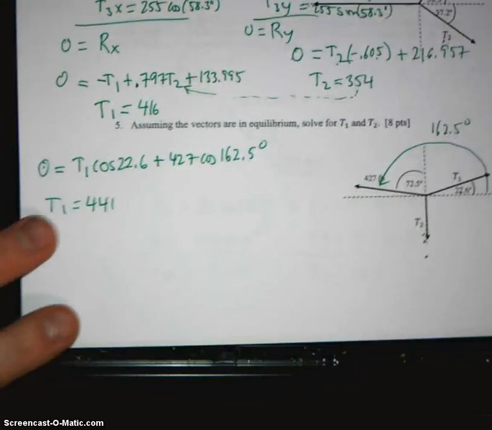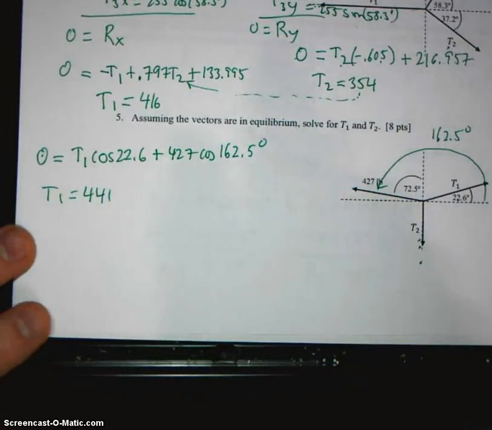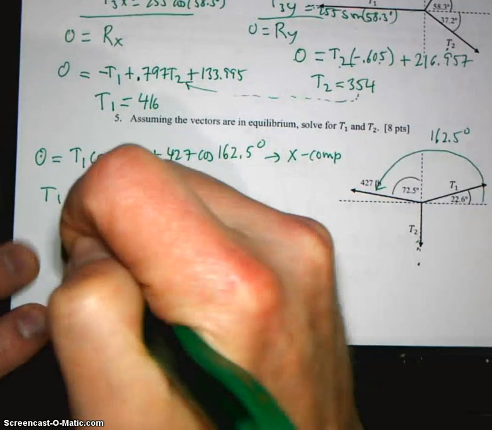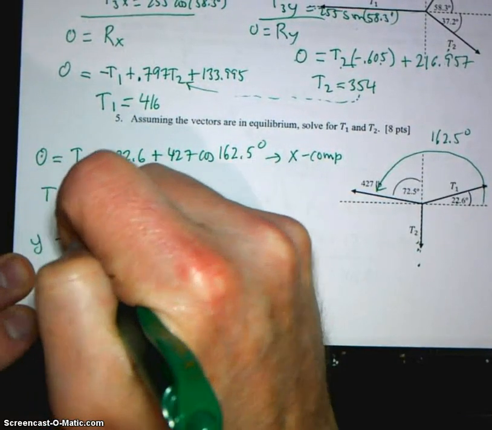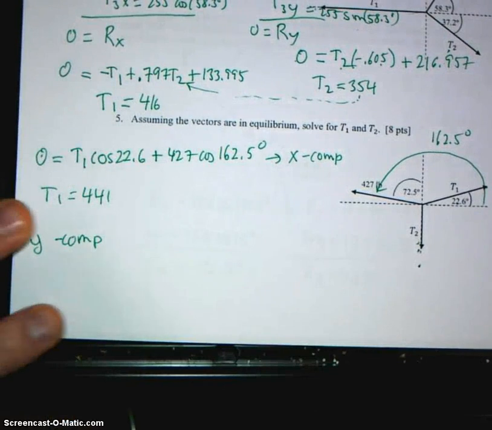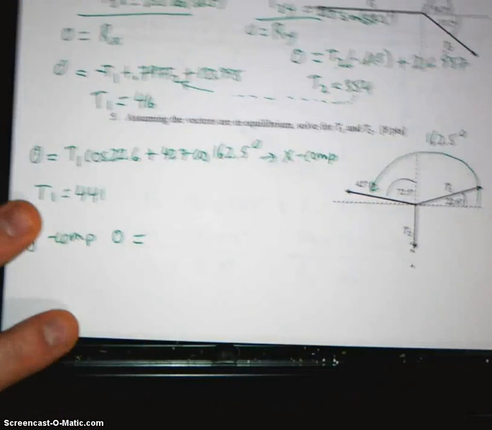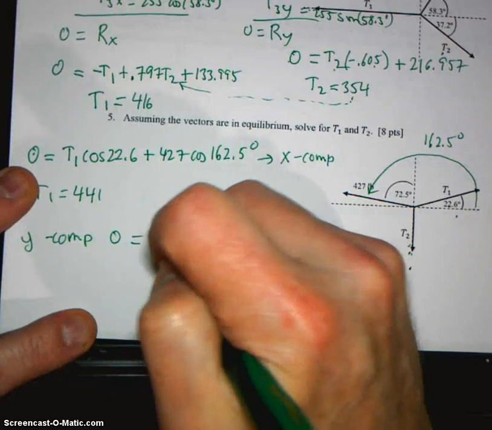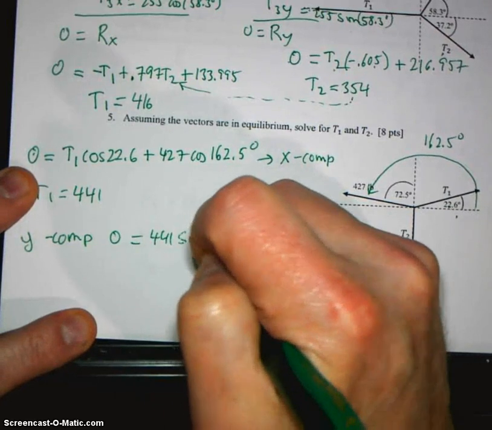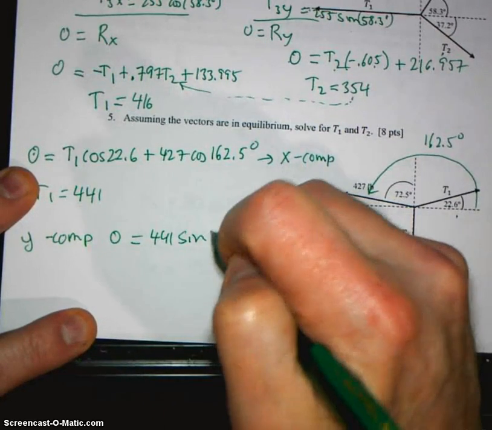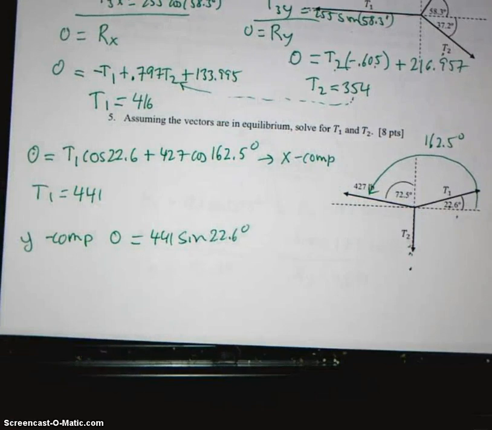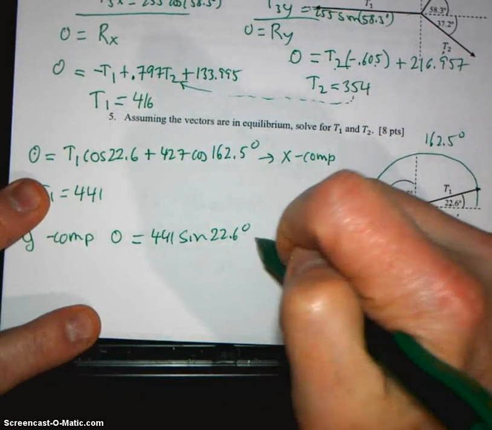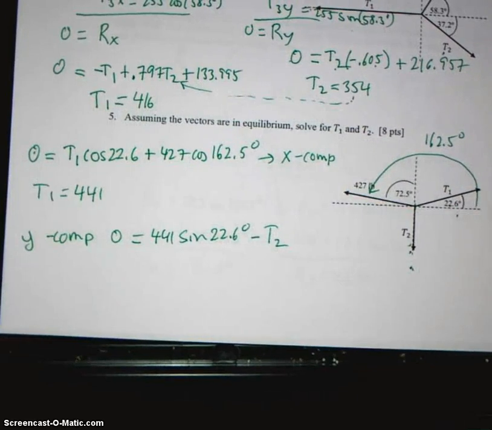And then looking at the y components. So these were the x components. Looking at the y components, again, because we are in equilibrium, they have to add up to 0. So T1 is going to be 441 sine 22.6 degrees. T2 is completely in the y direction, but notice it's going to be negative because it's going down.